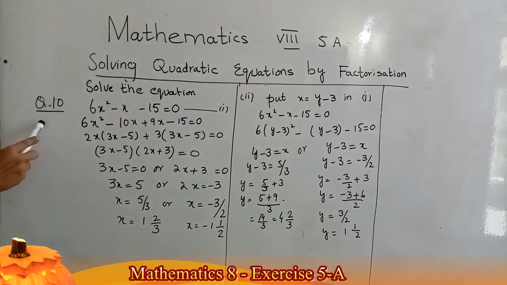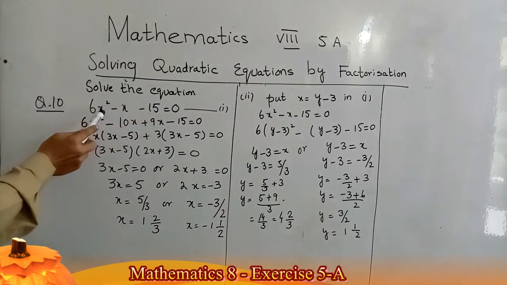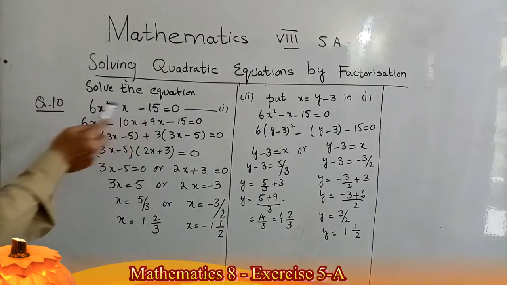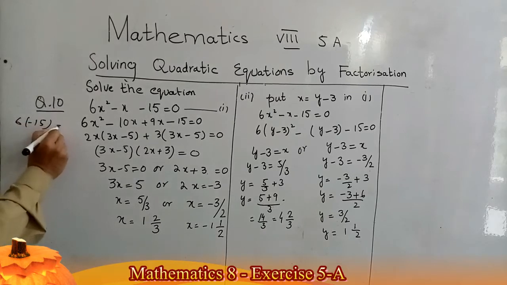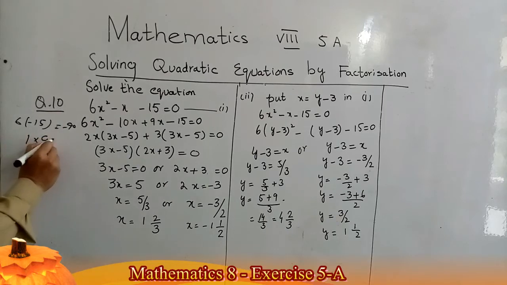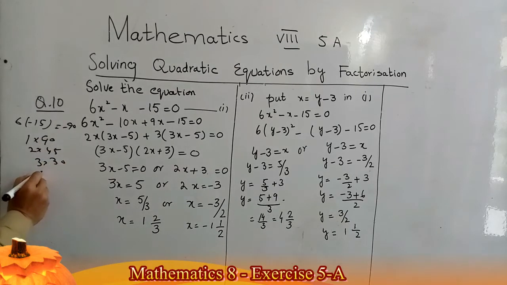Now question number 10, solve the equation 6x square minus x minus 15 is equal to 0. So here it is the first part of the question number 10. First of all, multiply the coefficient of x square with the constant term, then I will get minus 90. Next I will find the factors of 90: 1 into 90, 2 into 45, 3 into 30, 5 into 18, 6 into 15, then 9 into 10.